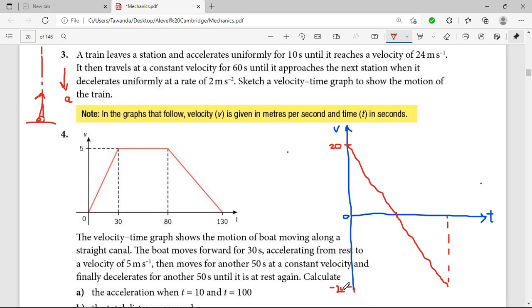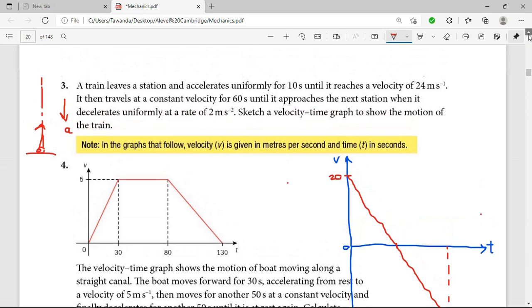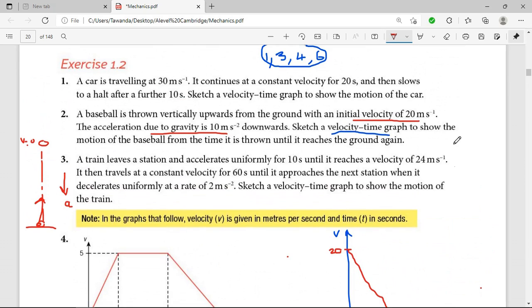So we have a negative velocity here, right? When you want to calculate the time, we see which values we are given. We are given the initial speed, u is equal to 20, right?